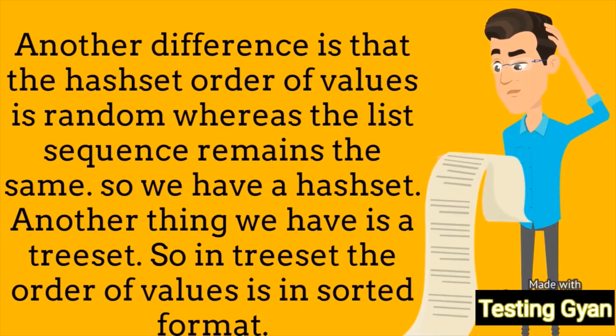Another difference between HashSet and List is in List order remains, sequence remains same, whereas in HashSet order is random. There is no defined order. Another thing we have is TreeSet. In TreeSet, the values, if you print them, will come in sorted format basically.